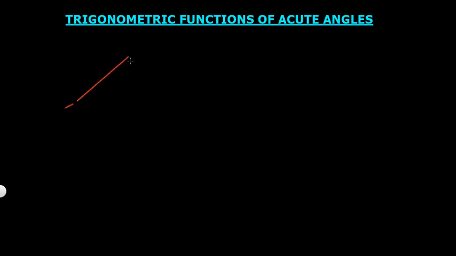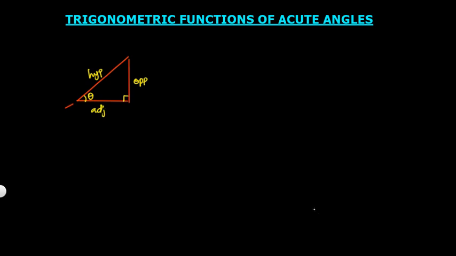Take for example, we have something of this nature. If this is a right angle, remember we've learned before, this is the hypotenuse. So if we are considering this angle, which is less than 90 degrees, the side facing it will be the opposite and the third side will be the adjacent.